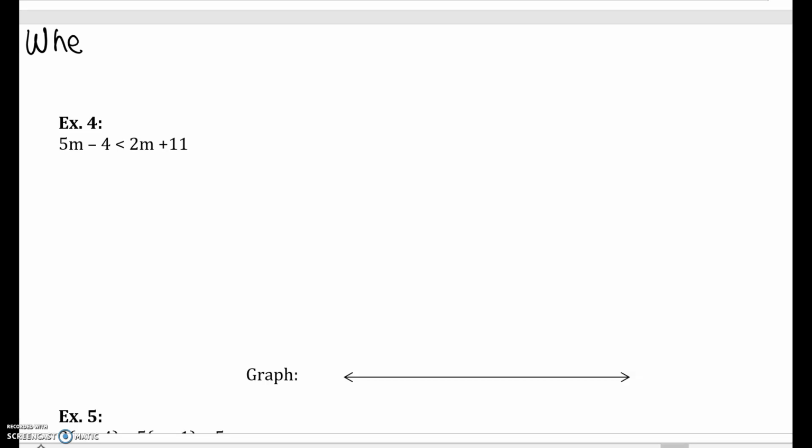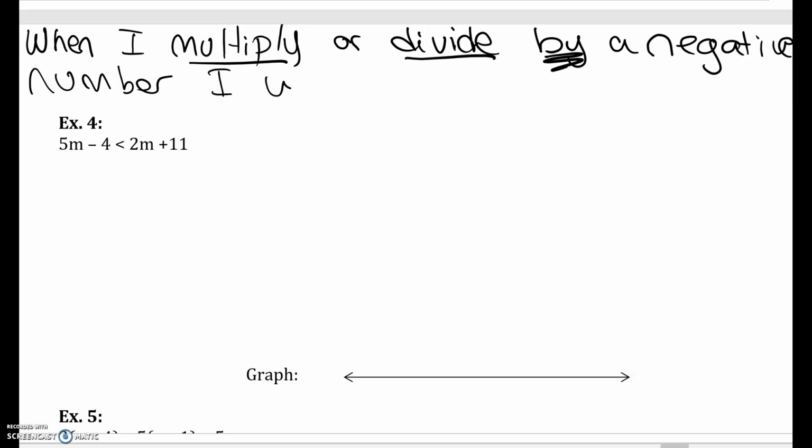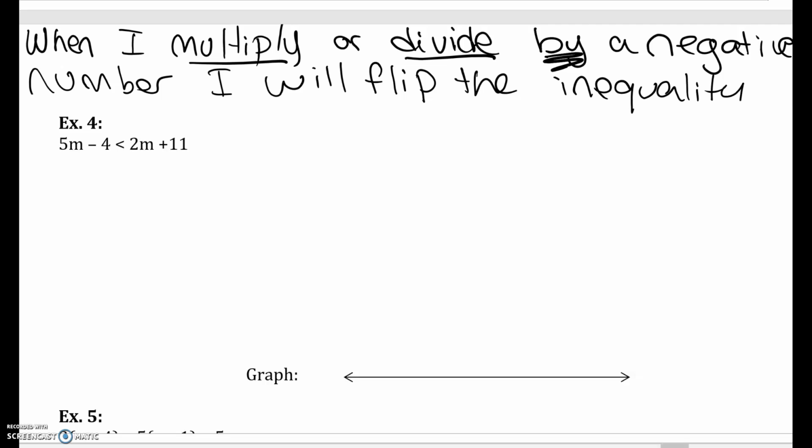So when I multiply or divide by, that's important, a negative number, I will flip the inequality sign.